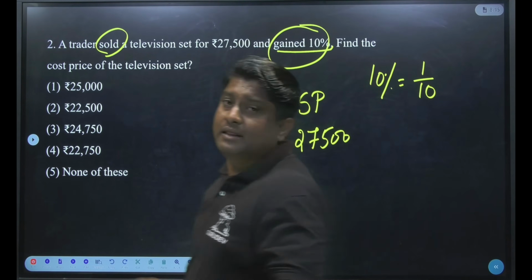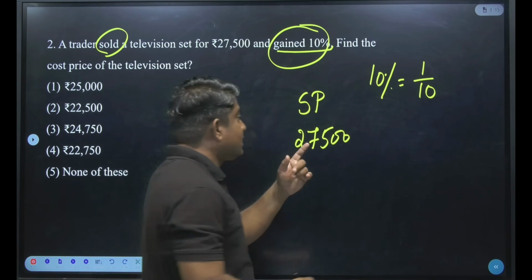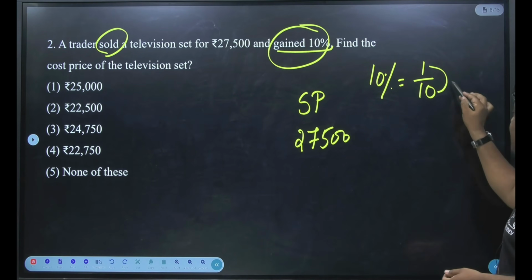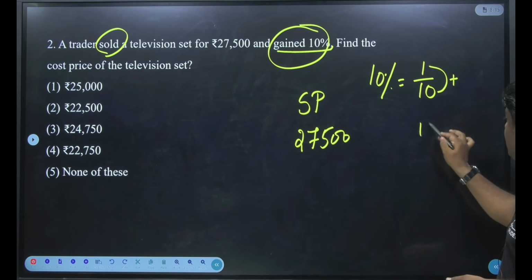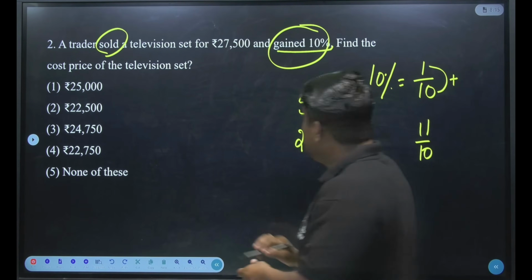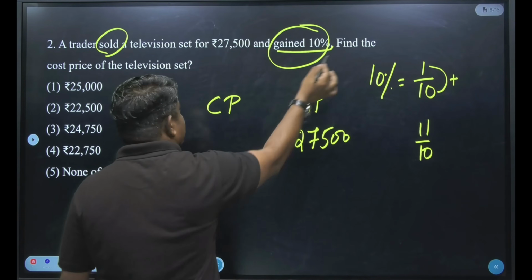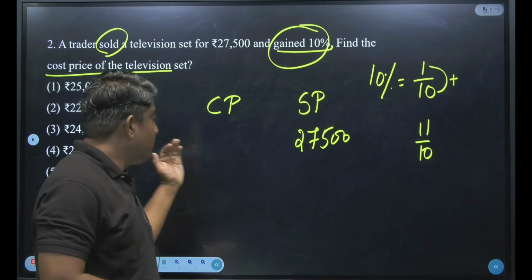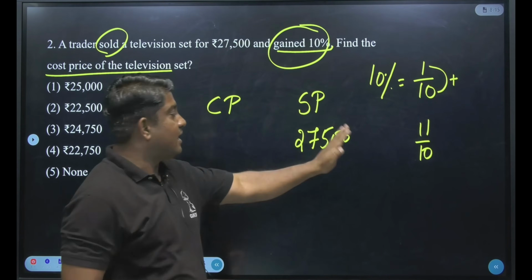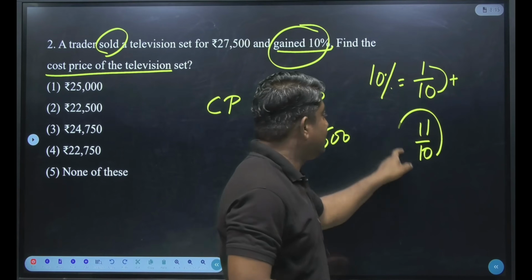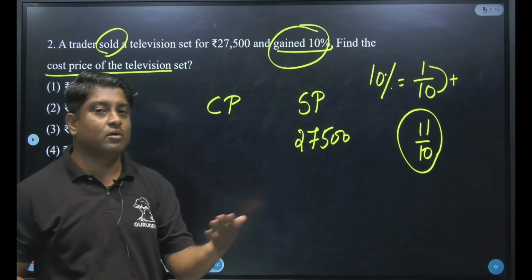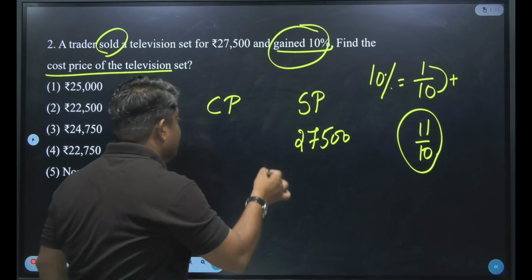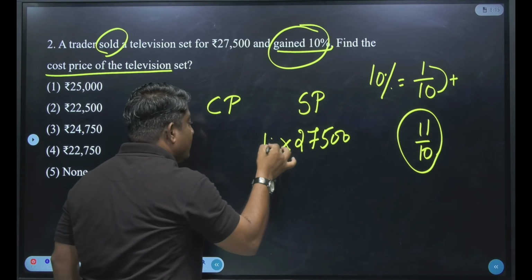Always remember, when the profit is given, you can add the denominator to the numerator. If I add this, I will get 11 by 10. Now he is asking for the cost price. Find the cost price of the television set. When you are moving from LHS to RHS, you can use this fraction 11 by 10, but we don't know the cost price, so I'll just reverse this fraction. That means nothing but 10 by 11.